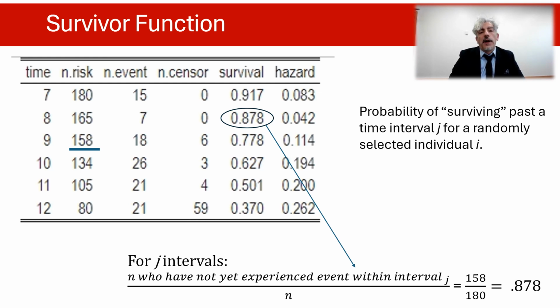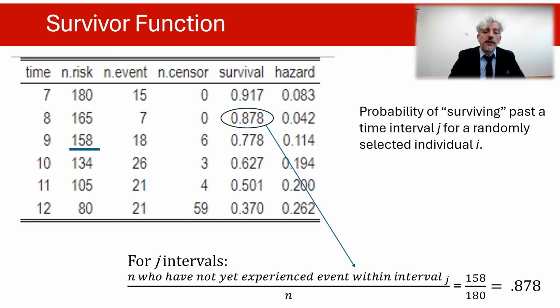The survival function instead cumulates the estimate of risk over time periods, and it estimates the probability that a randomly selected individual will survive past that specific time interval. So the probability that the individual will not experience the target event within that time interval or before.